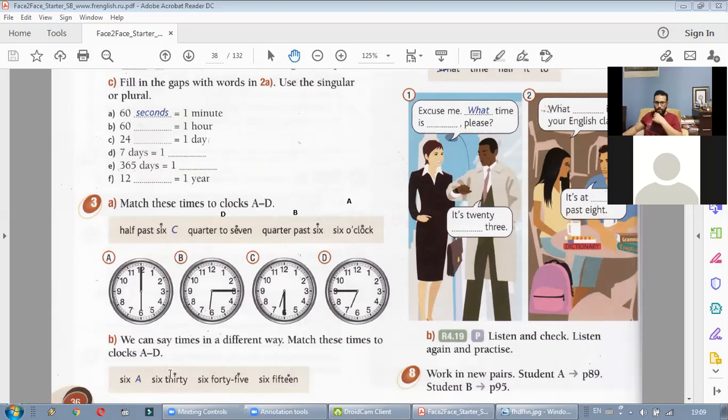So which one is 6:30? What about 6:15? Which of these A, B, C, D? Which one is 6:15? C. Which one is 6:45?